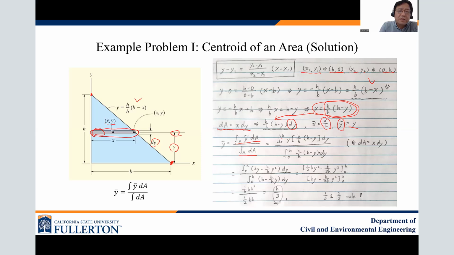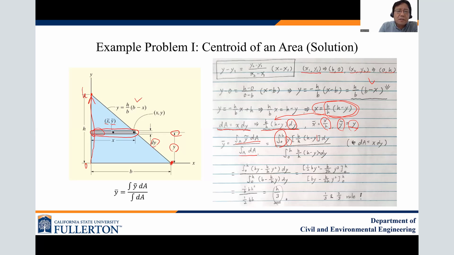This is the integration from here to here, so 0 to h is the range of the integration. And then y tilde is y, and dA is b over h times (h minus y) dy.